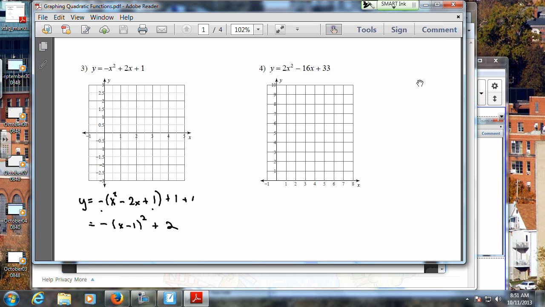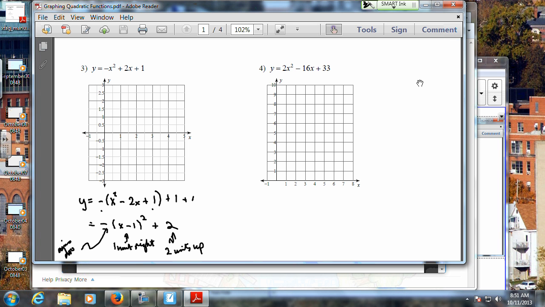So when I write the equation in that form, I've got all the information I need to graph it. I need to do a horizontal shift, 1 unit to the right. That's the x minus 1. 2 units up, and the negative here means that the parabola aims down.